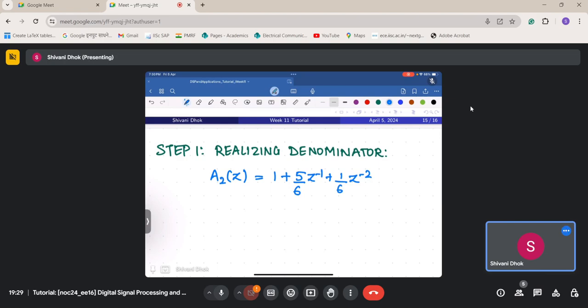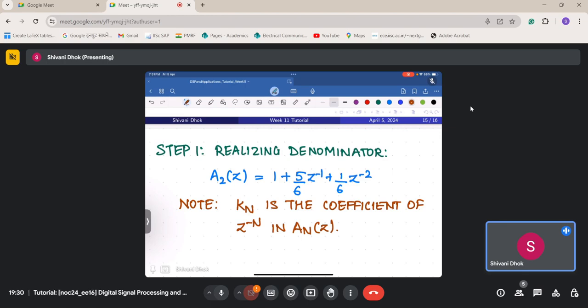And note that kn is the coefficient of z to the power minus n in An of z. Now why do we need kn? These kns are basically my gains in the lattice structure. So we need these values of kn, and that is the thing that we need to determine from whatever transfer function is given to us in order to realize our lattice structure.